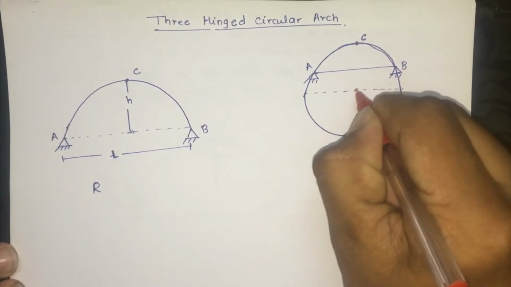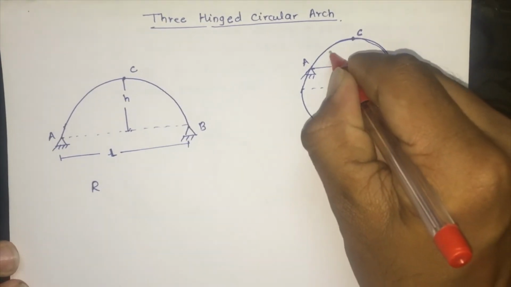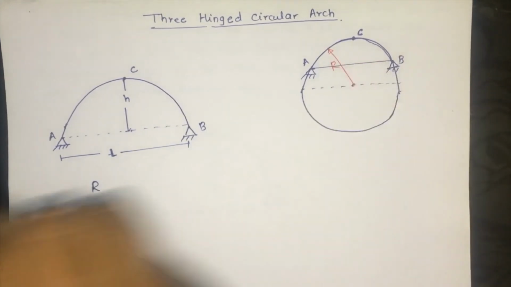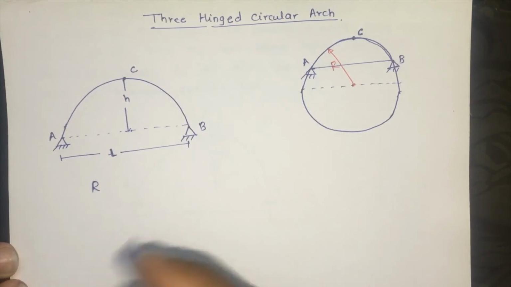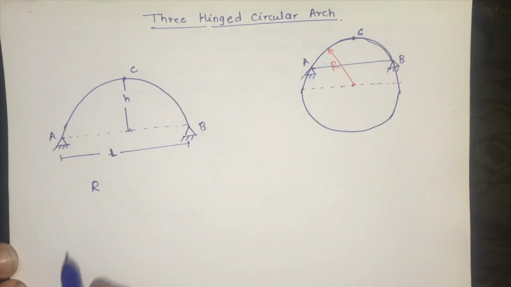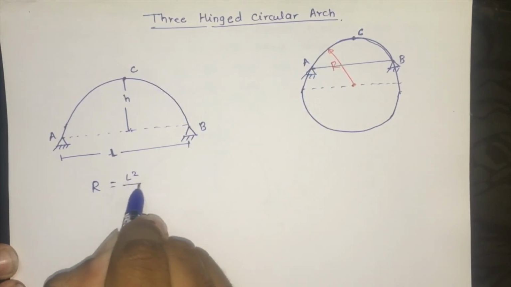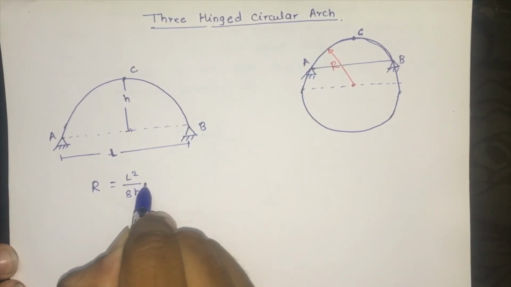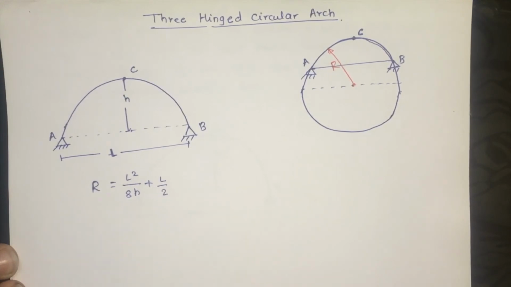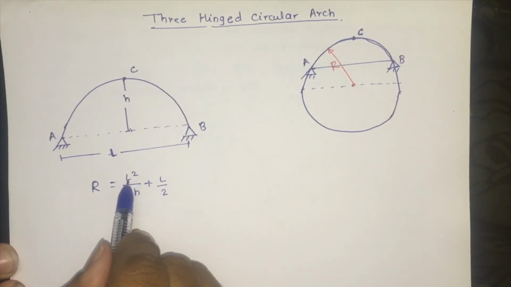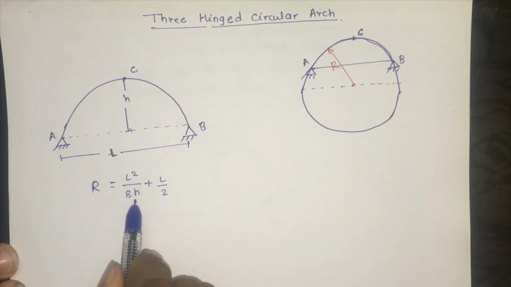Here from the center point, this is nothing but the radius of the circular arch. To find this radius, we have one formula: R is equal to L square divided by 8H plus L divided by 2. Here L is the span of the 3 hinge circular arch and H is the height. Okay, this is the first formula you have to remember.